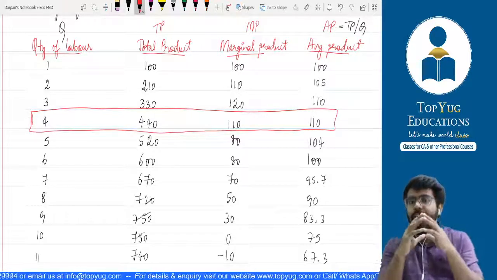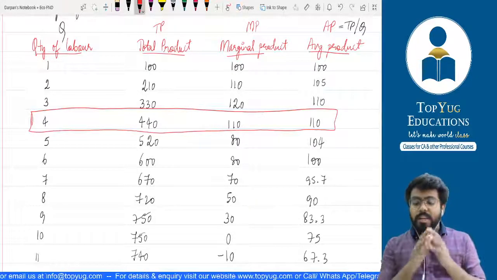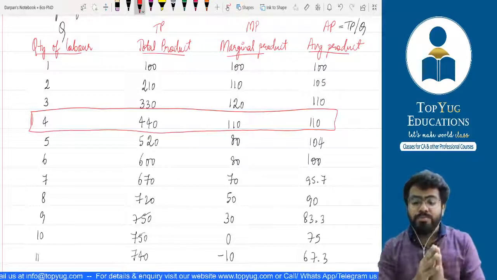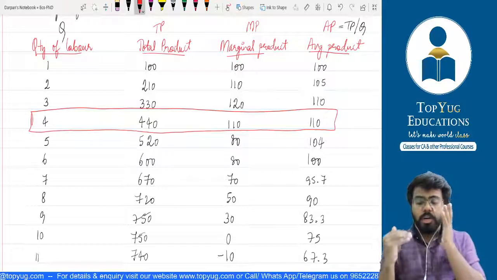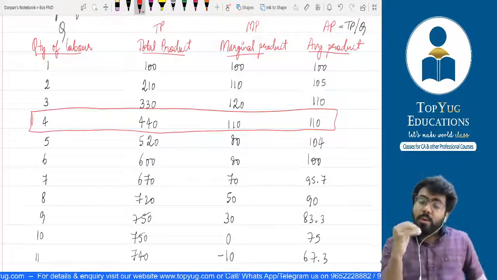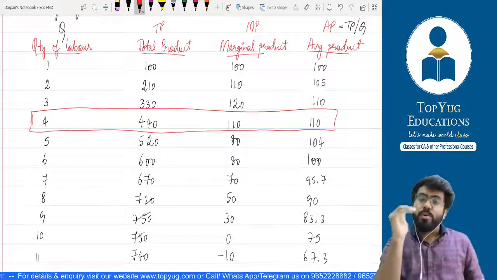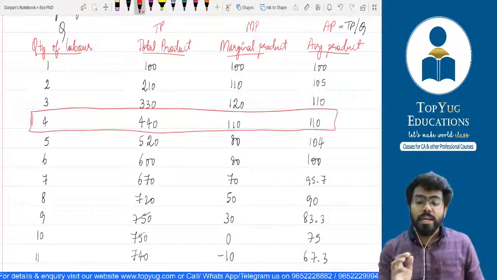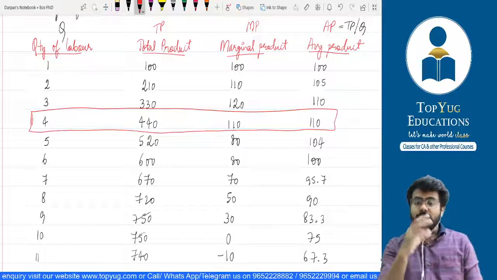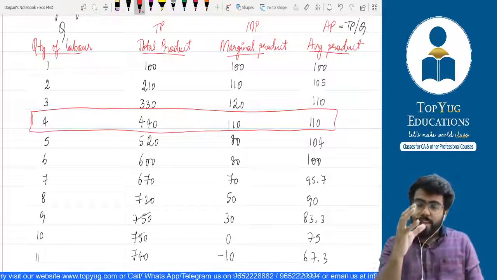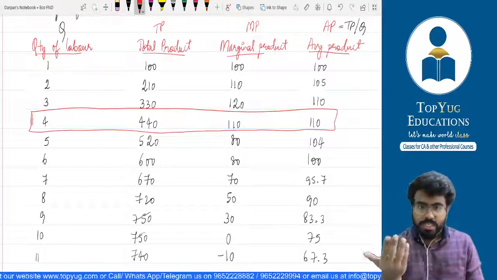So it reduced from 180 to 80. Then it is again reducing from 80 to 70 to 50 to 30. It keeps on reducing till you reach what? Till you reach 0. After 0, it keeps on reducing more, and it's also going negative. So marginal product, how is it moving? It's first increasing, but then after a point it starts to decrease.